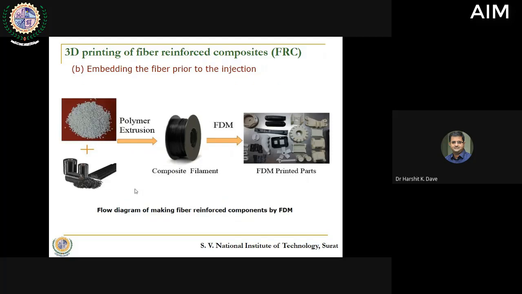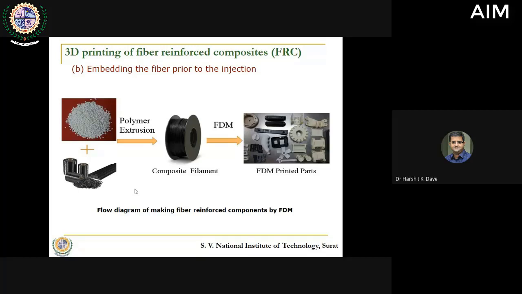The second process that we talk about is embedding the fiber prior to injection. It means we embed the fiber in the filament itself. So when you make the filament, you embed it.